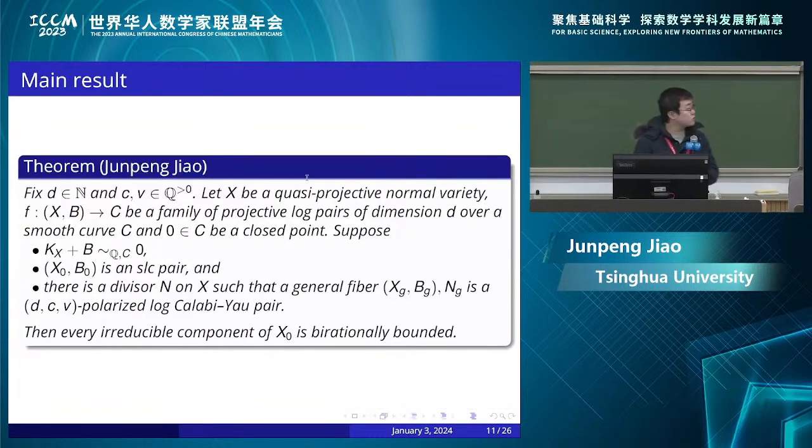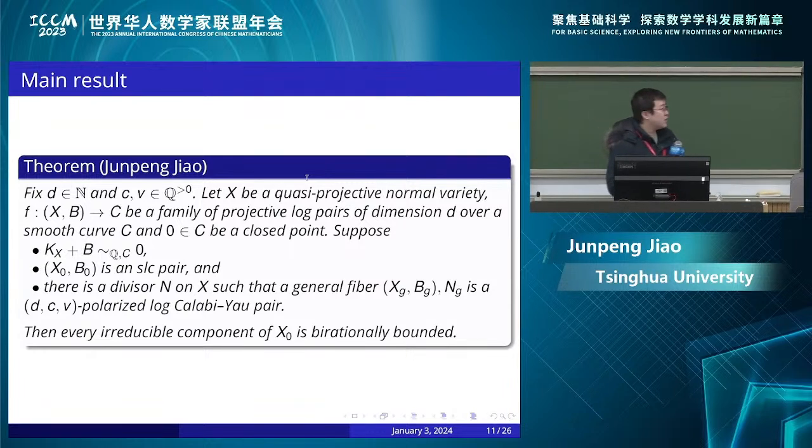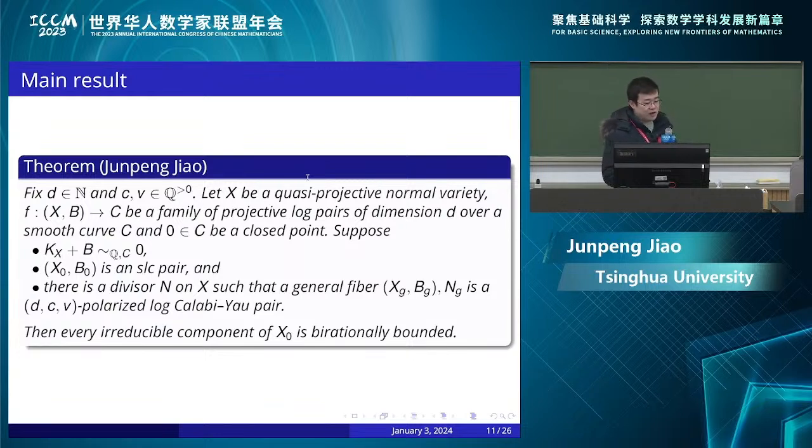And now we come to the main result. The moduli space of polarized log Calabi-Yau pairs actually gives a unique degeneration of this Calabi-Yau. And my theorem is about this. And second, we assume the central fiber to have SLC singularities. And third, there is a divisor N on X such that the general fiber is a (d, c, v) polarized log Calabi-Yau pair.